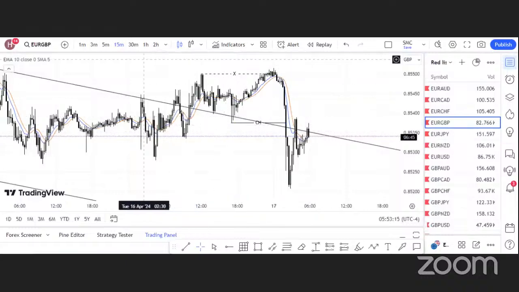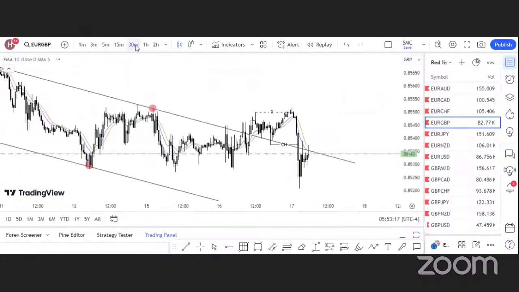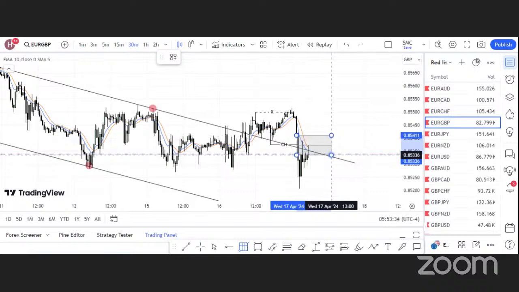Right? So we have all these areas, and currently the market seems to be respecting this, which is the area where we have the upper trend line. Okay, and it looks like it's respecting the trend line right now.